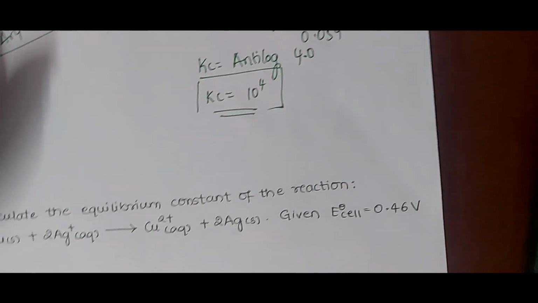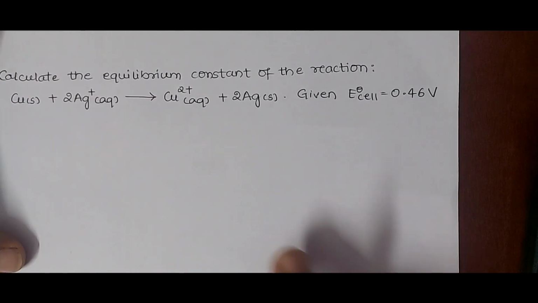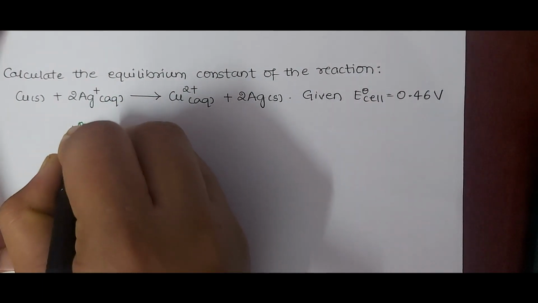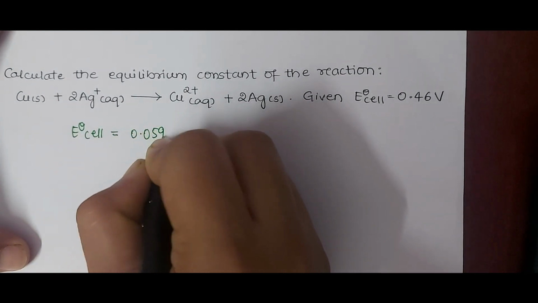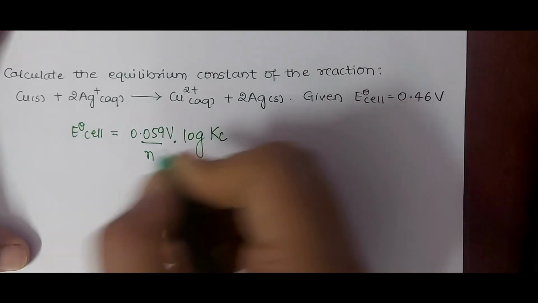Next, we'll go with calculate the equilibrium constant of the reaction. They have given a reaction, they have given E0 cell value. To calculate the equilibrium constant, the equation we use is E0 cell equal to 0.059 volt divided by N into log Kc.